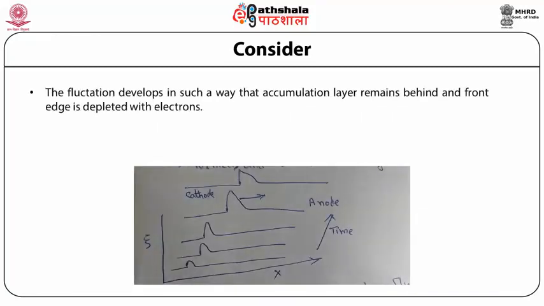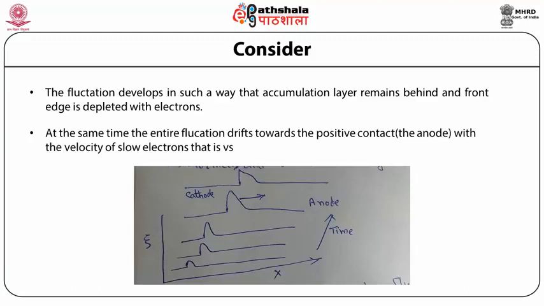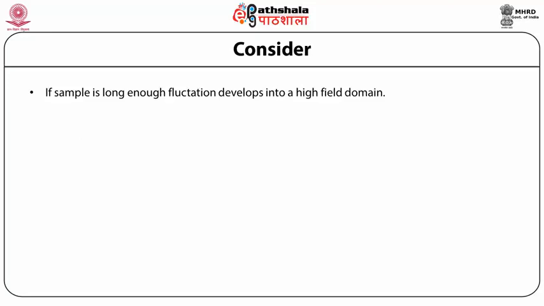This fluctuation develops in such a way that an accumulation layer remains behind and the front edge is depleted of electrons. At the same time, the entire fluctuation drifts towards the positive contact, the anode, with the velocity of slow electrons, that is Vs. So if the sample is long enough, the fluctuation develops into a high field domain.